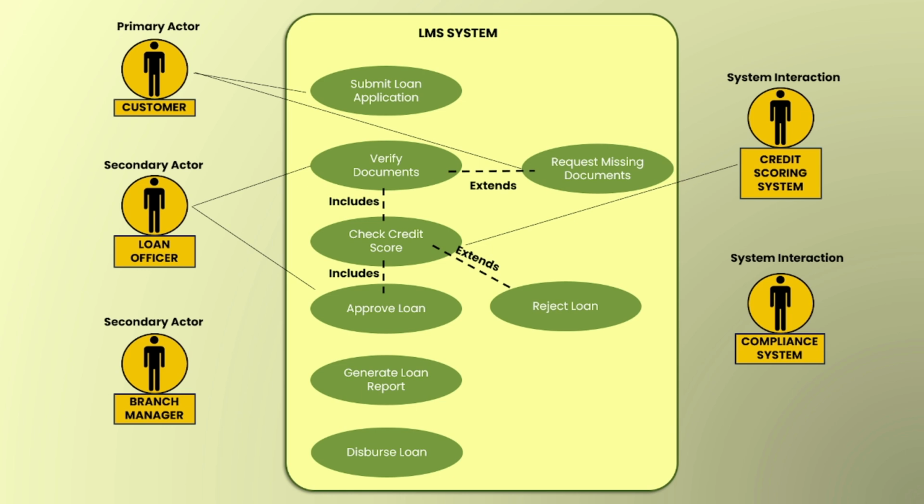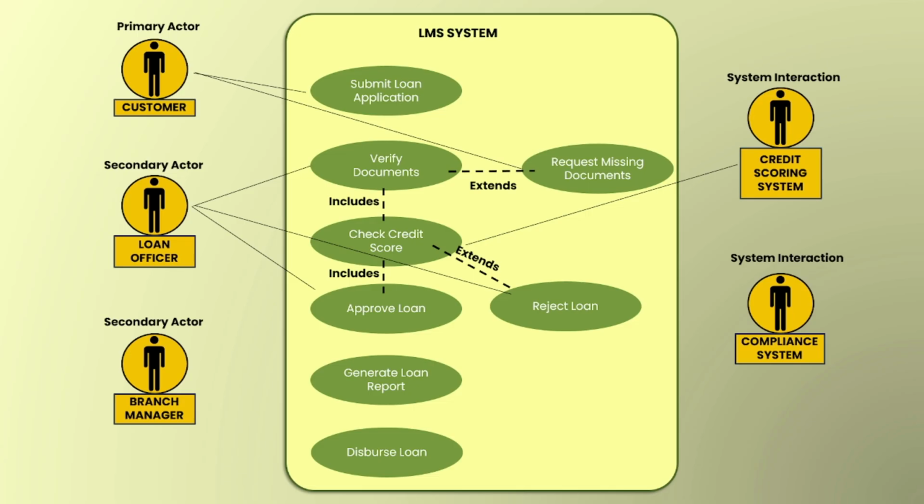The loan officer is someone involved in approving the loan, who has the ability to make the decision once the approval comes from the credit bureau, or to reject the loan as well, telling the customer that yes, your loan is rejected.